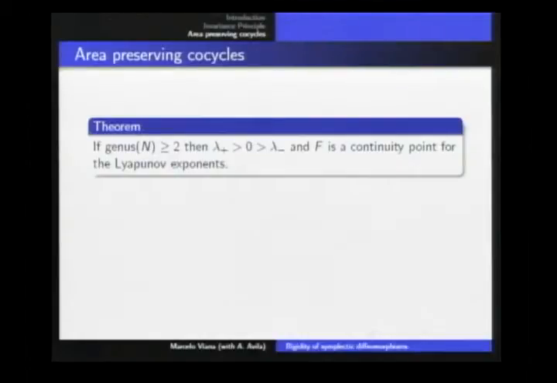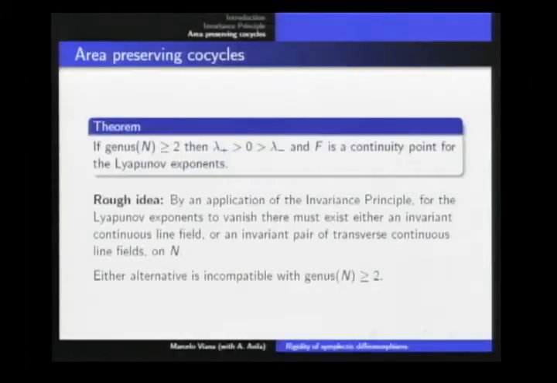So the topology of the fiber has a say on Lyapunov exponents, which for anyone involved in this business sounds quite surprising, because Lyapunov exponents are very measurable objects. They don't care about continuity. Why should they care about the genus of the fiber? But it's still true. And the idea is that if you assume that the exponents vanish, then by using the invariance principle, you construct some structure on the fiber.